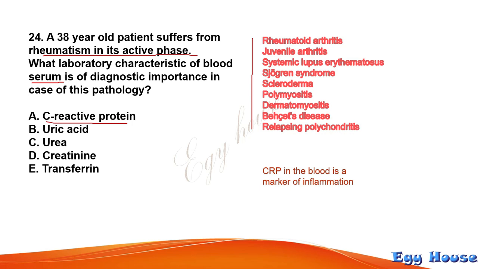So you can find C-reactive protein in scleroderma, juvenile arthritis, systemic lupus erythematosus, relapsing polychondritis. So for rheumatism in the active phase, you have to choose the inflammation marker.